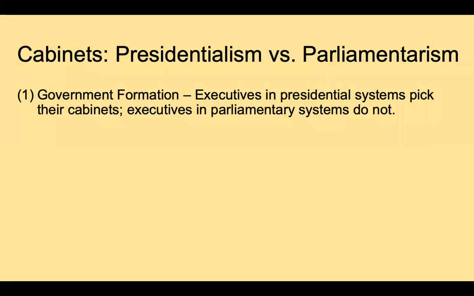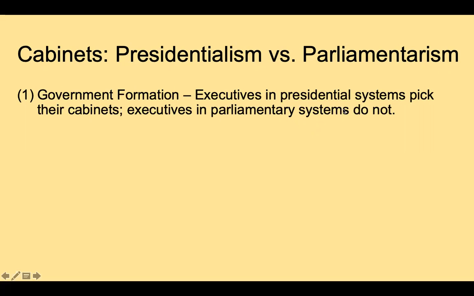What we've discovered is that executives in presidential systems pick their cabinets. We saw that Joe Biden picked his cabinet. Now, those cabinet picks are subject to Senate approval, but assuming he obtains that approval, no one is going to prevent him from composing his cabinet as he sees fit.